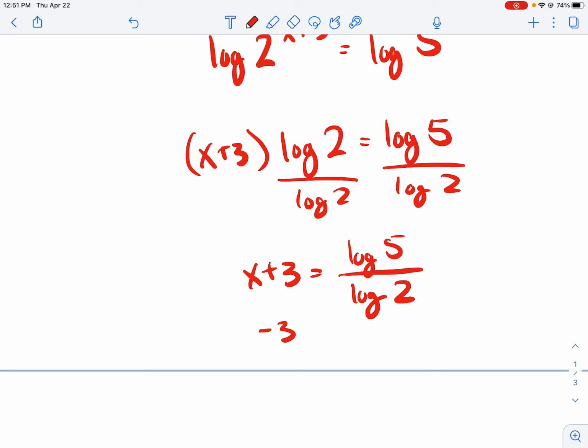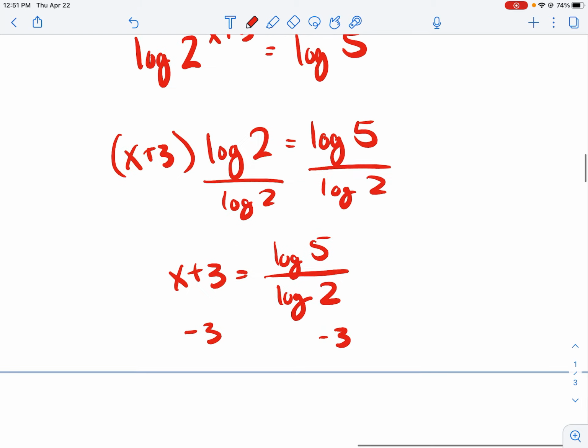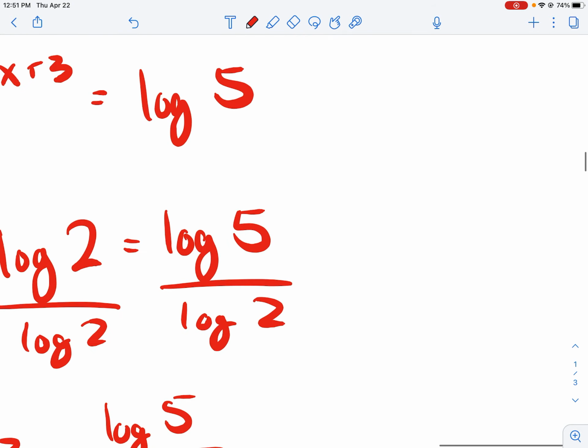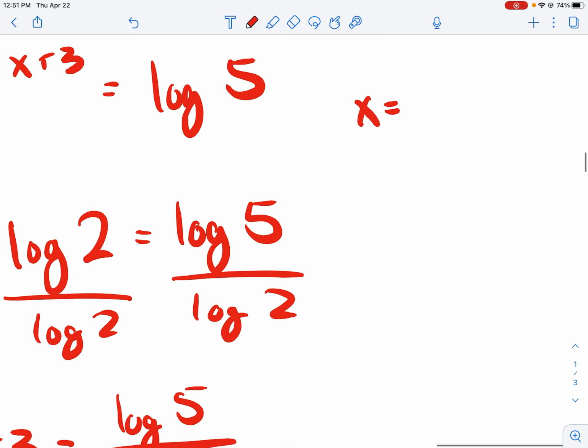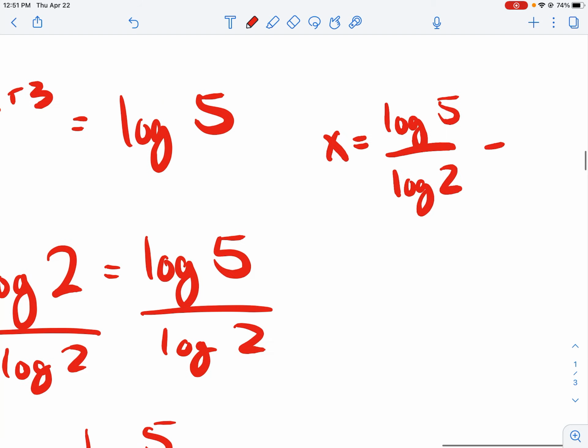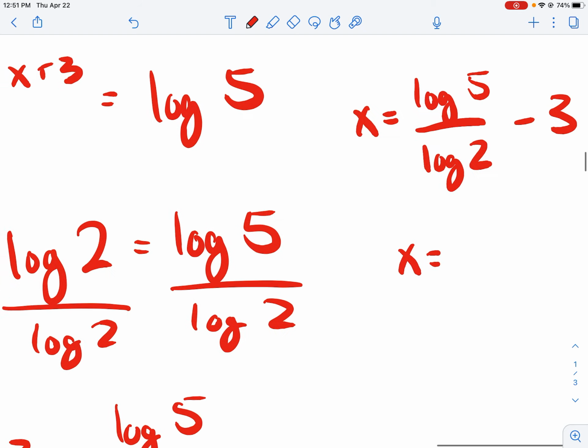And then just subtract 3. So x is equal to the log of 5 divided by the log of 2, minus 3. So what does that equal?